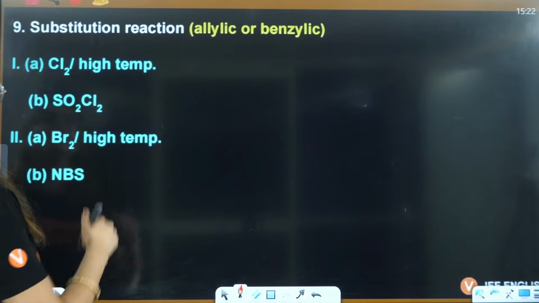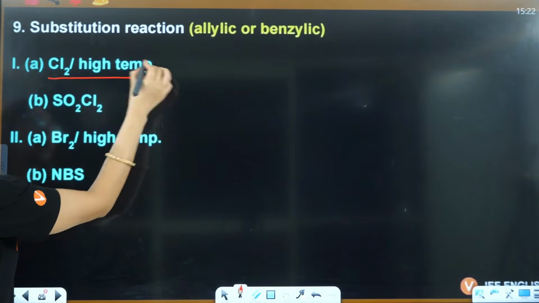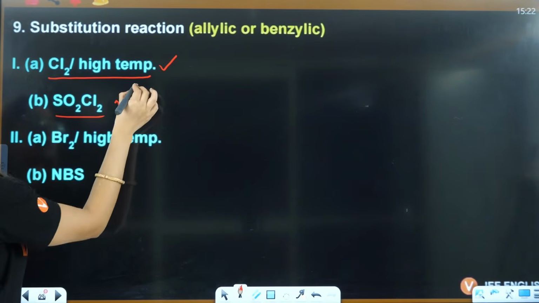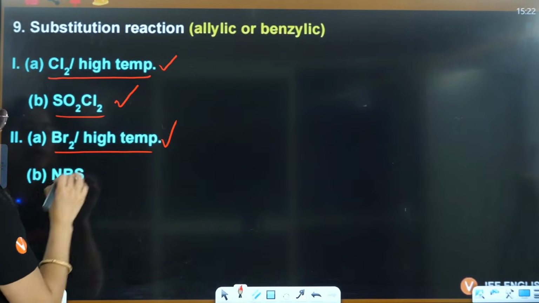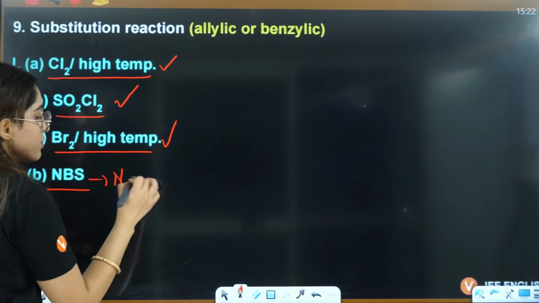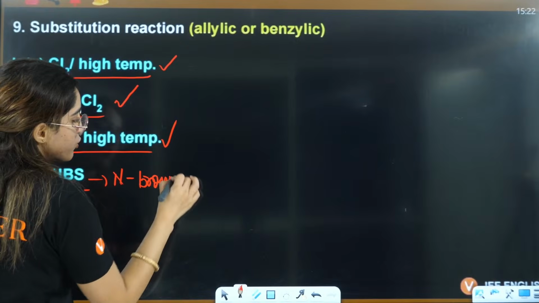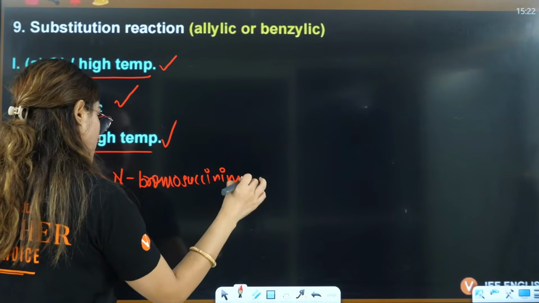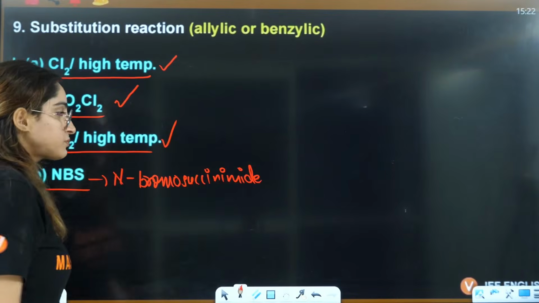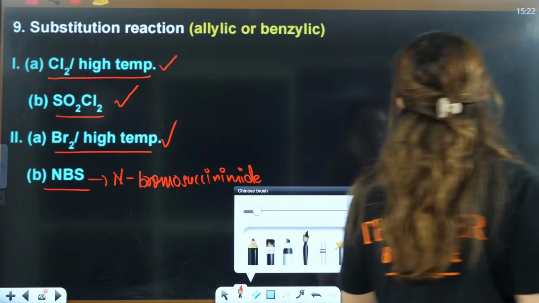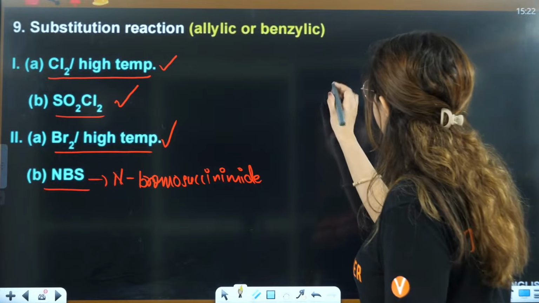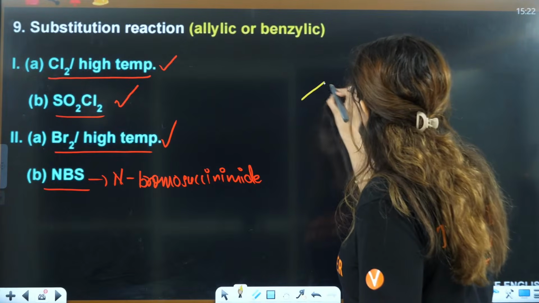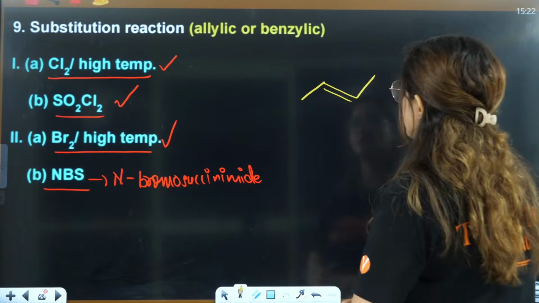That substituent is Cl2 at high temperature, SO2Cl2, Br2 at high temperature, or N-bromosuccinimide. These are the substituents.